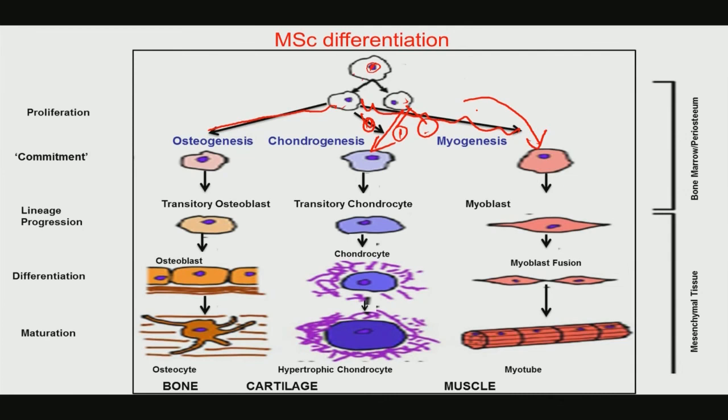Now, each of these stem cell types can undergo differentiation along specific lineages. First one is osteogenesis, osteo means bone. So, essentially it will undergo differentiation to bone cells. Now, in more simplistic terms I can define lineage like this: each one of us comes from a certain lineage, for example our father, grandfather, great grandfather.